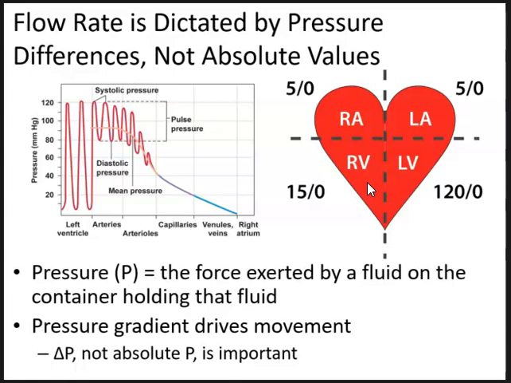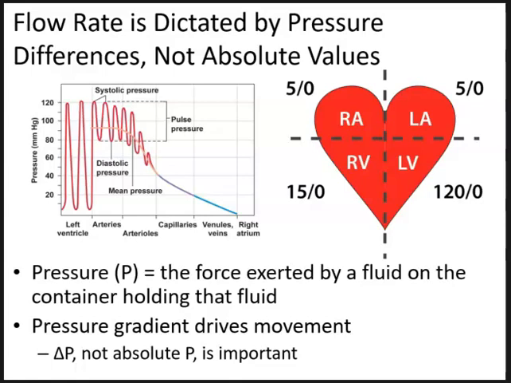If we have an increase in the pressure gradient, we'll have an increase in flow. However, if we have an increase in the resistance of the vessels, this decreases flow. If you look at your book in chapter 15, table 15.1 enumerates the rules of pressure, flow, and resistance in the cardiovascular system.